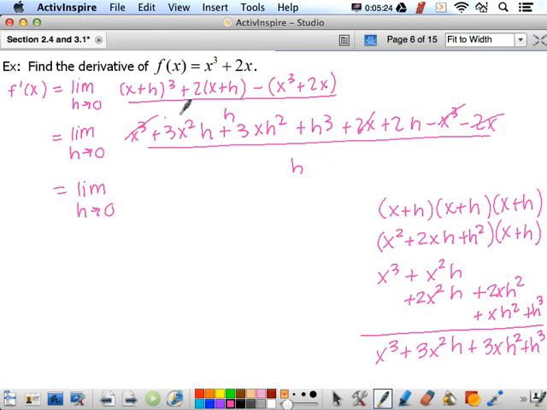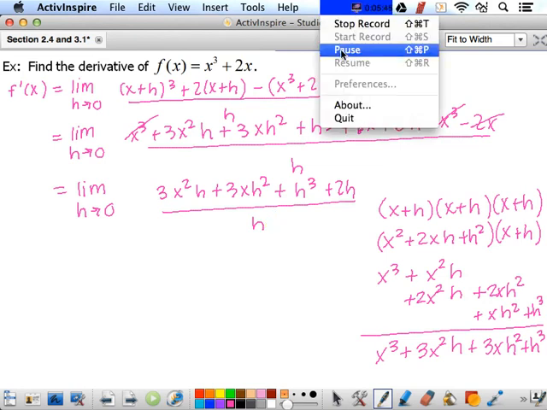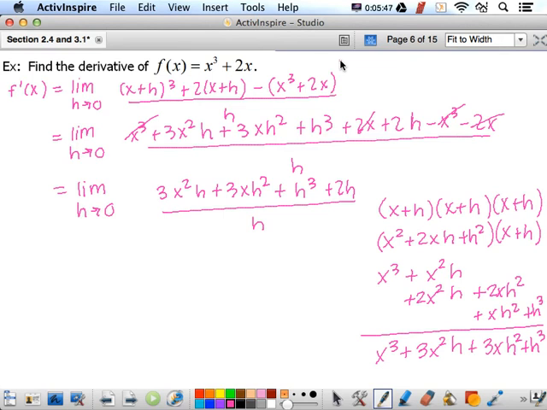We have 3x squared h plus 3xh squared plus h cubed plus 2h, all over h. Let's pause for a second and make sure everybody's caught up. Now all we need to do is factor out an h and cancel it with the denominator to make it 1.